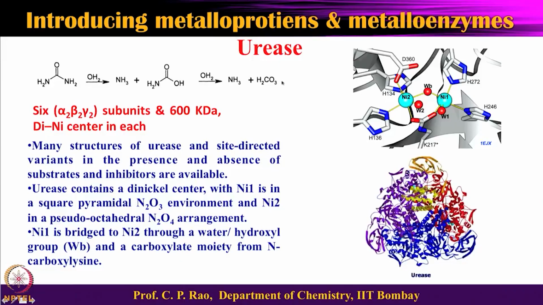So, if you combine these two, what will happen? The urea combines with 2 moles of water, giving rise to 2 equivalents of ammonia and H2CO3. This is the total reaction.